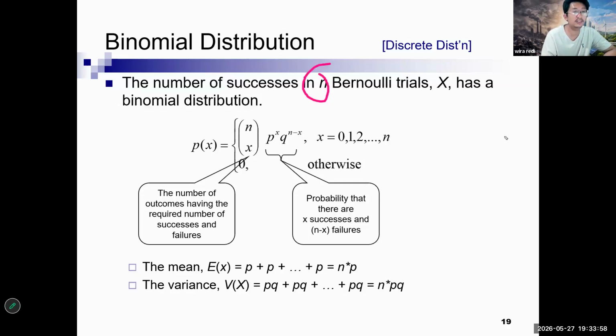Let's say you have n trials, and you toss a coin 10 times. Then X represents the probability of a number of successes, for example heads, and that is represented here using this formula.